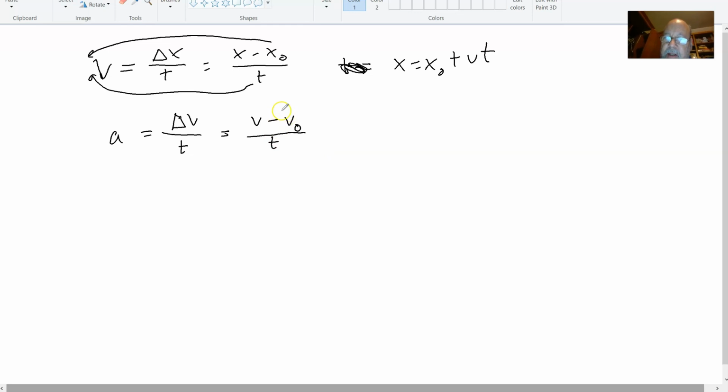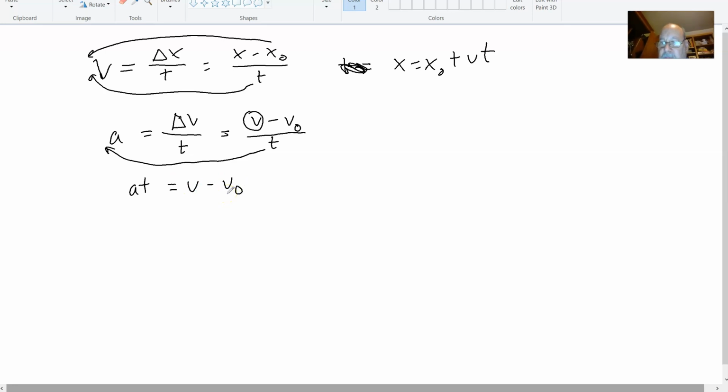I want to isolate v. I want to know what my final velocity is if I have a certain set of circumstances. So I'm going to multiply by time, and that's going to give me at equals v minus v0.